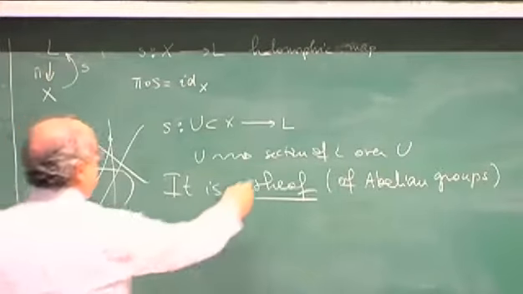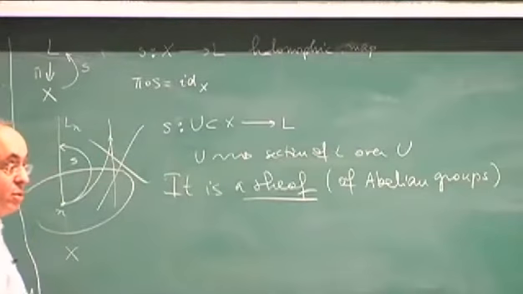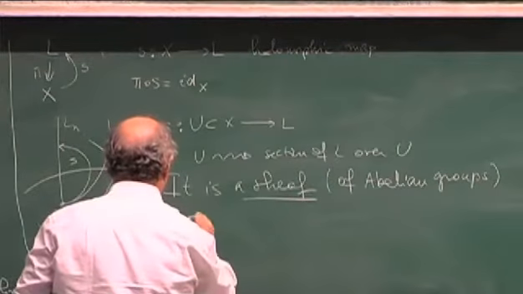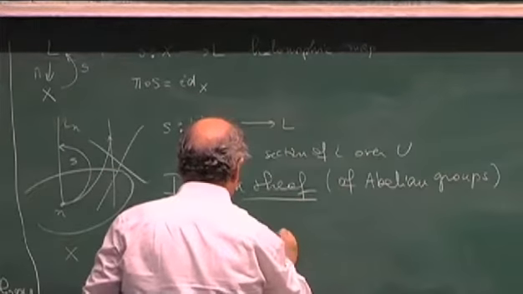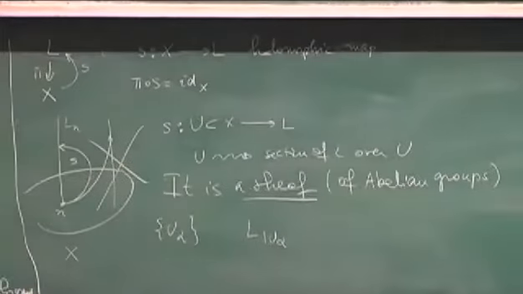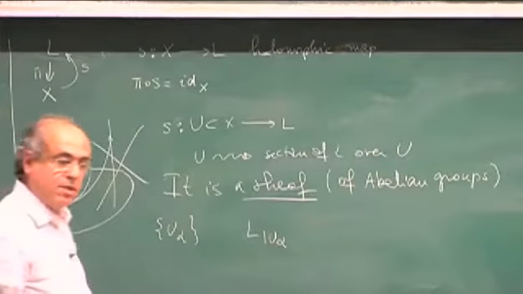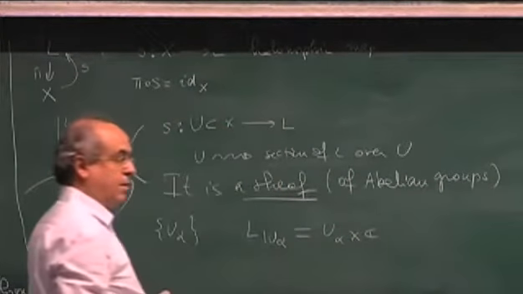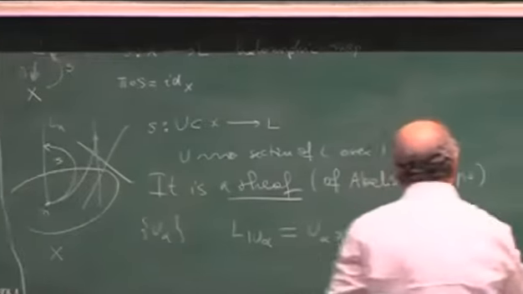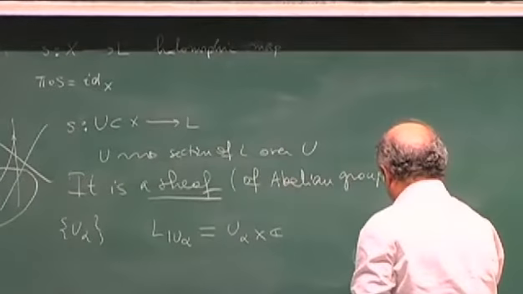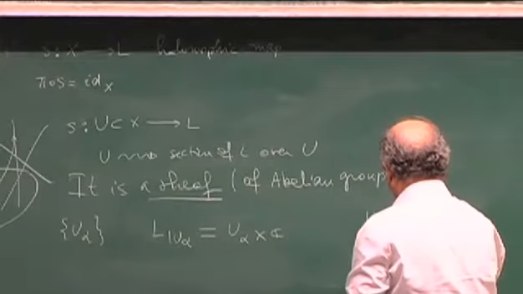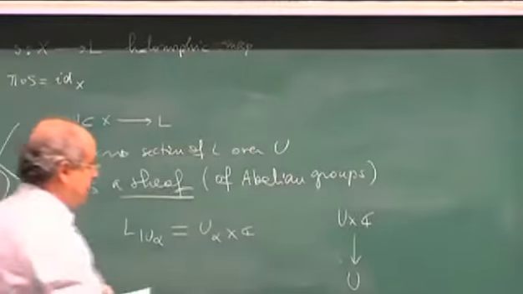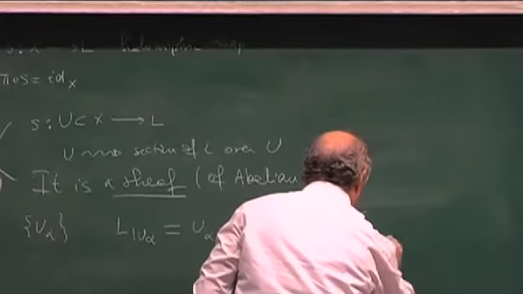Why? Because we know that, as any vector bundle, this line bundle will trivialize. So there is an open cover such that whenever I restrict L to an open set of the open cover, this will be trivial. So this will be U alpha times C. Now if we are on U alpha times C, we consider this as a line bundle over U, and I consider a section s.